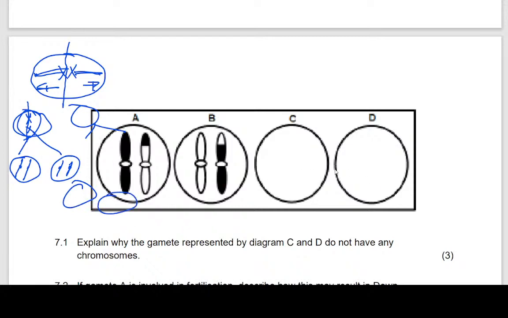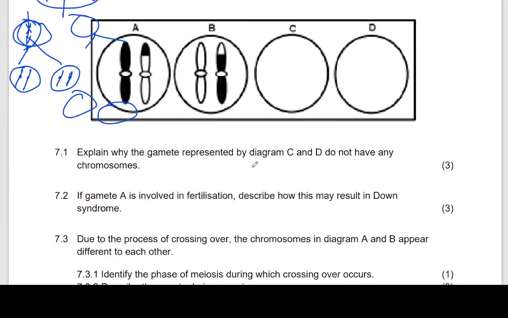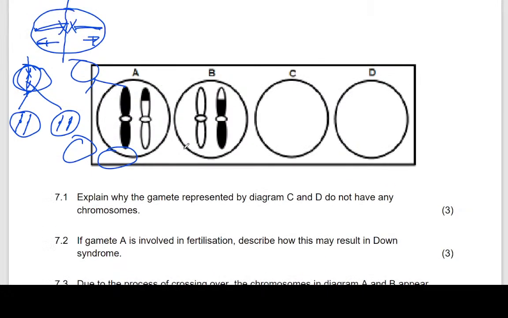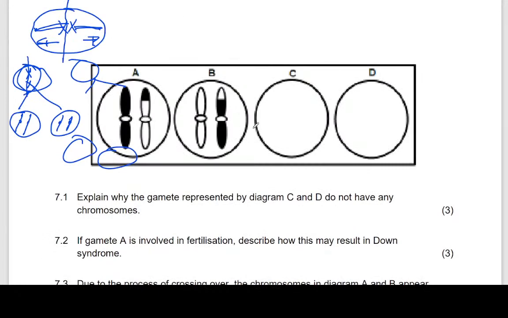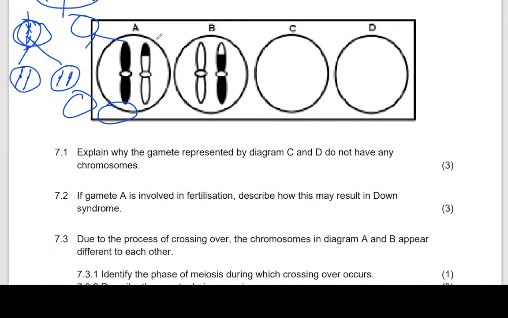Hence, it brought out this. So it means that this occurred in anaphase 1. You see? So you have to know these techniques. If it happened in anaphase 2, you would have seen only one cell without chromosomes. If the gamete A, where is A?